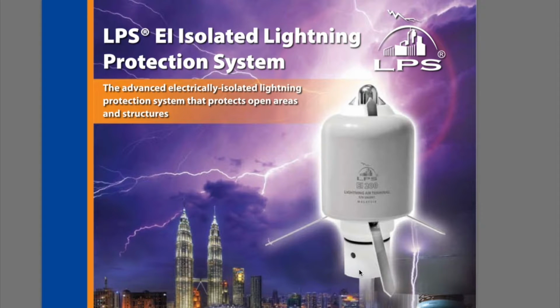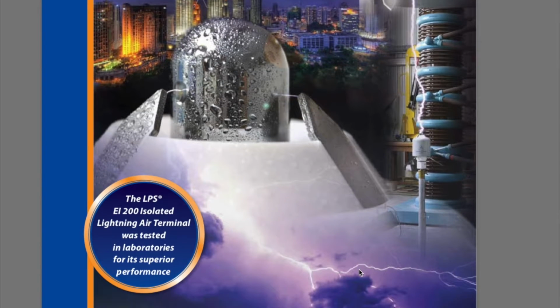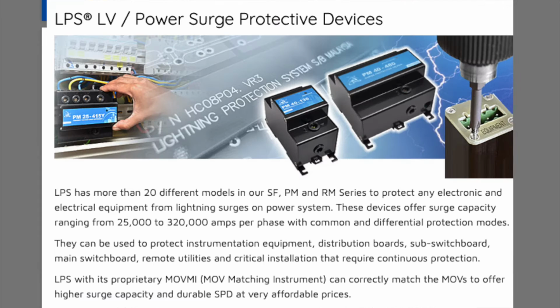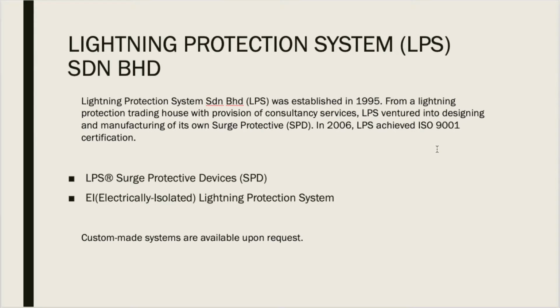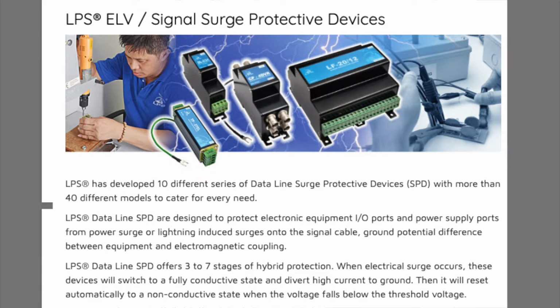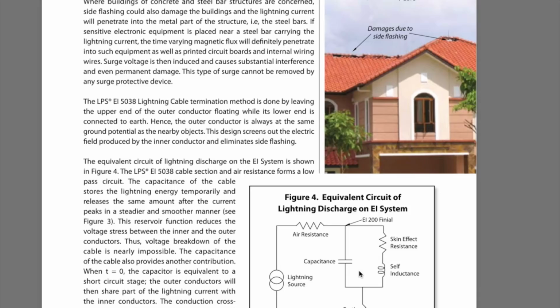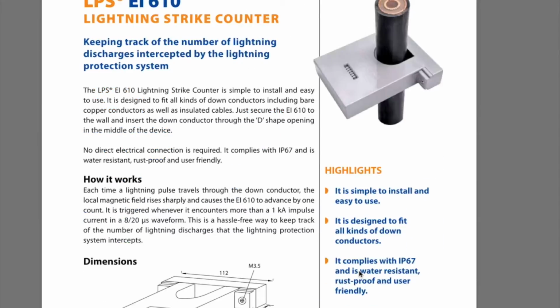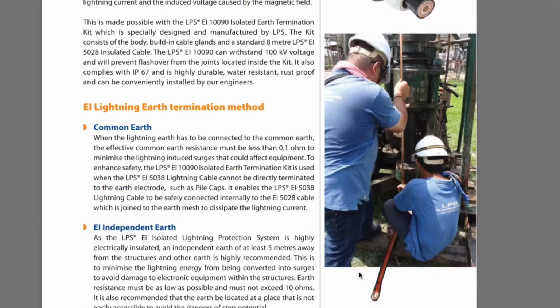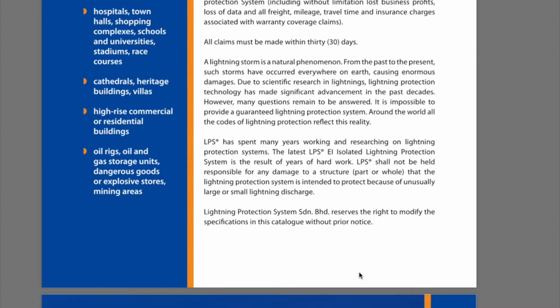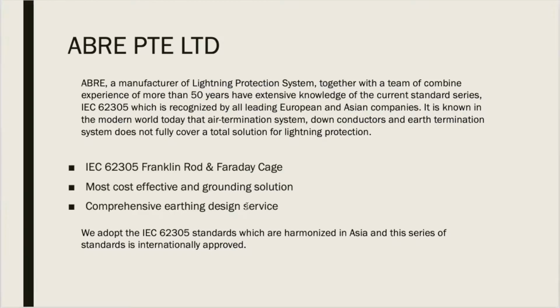LPS ventured into designing and manufacturing its own surge protective device. In 2006, LPS achieved ISO 9001 certification with the design products LPS Surge Protective Device and EI Electrically Isolated Lightning Protection System. Custom-made systems are also available upon request.